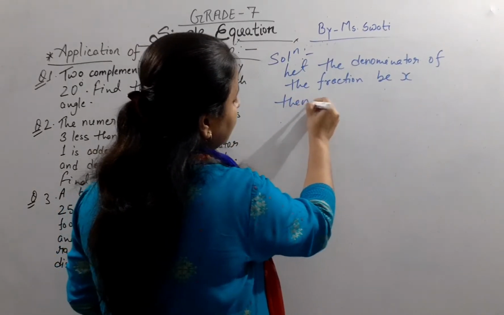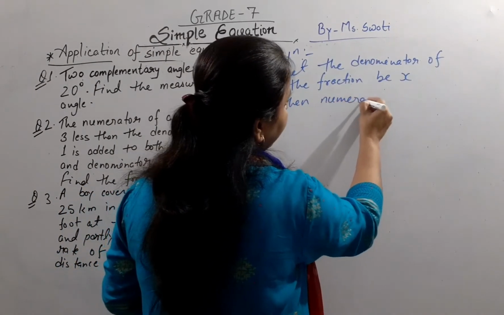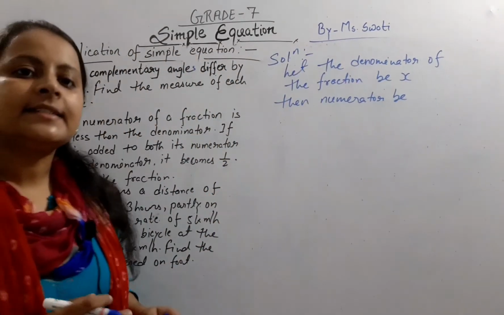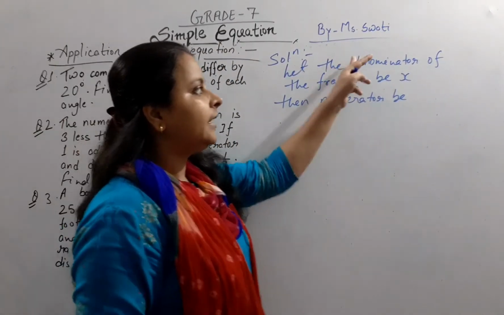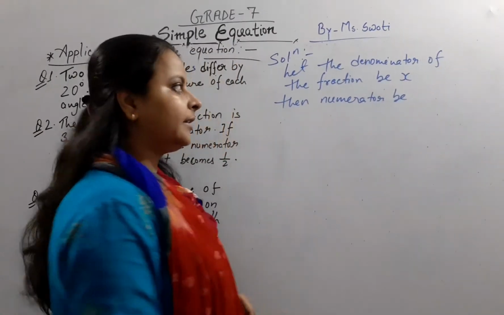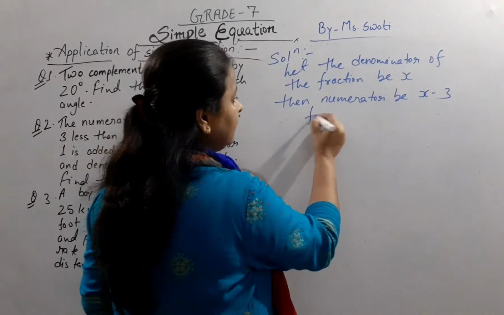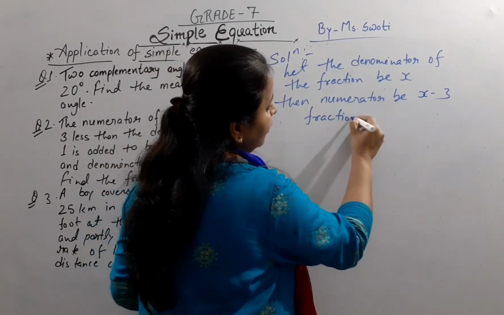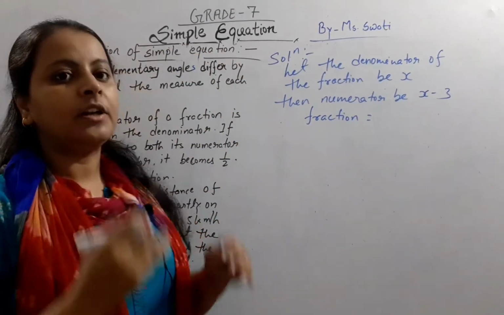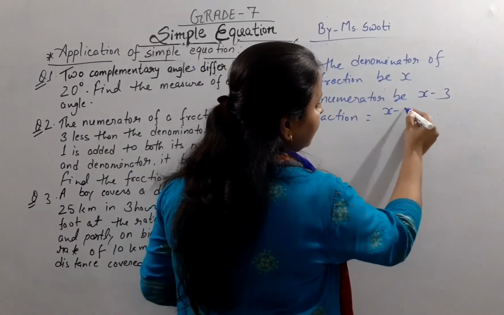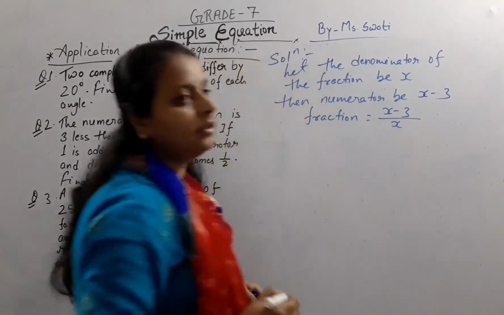Then the numerator, since the numerator is 3 less than its denominator: if the denominator is x, then the numerator becomes x minus 3, and the fraction, we know, is equal to numerator by denominator. So the numerator is x minus 3 by the denominator x.